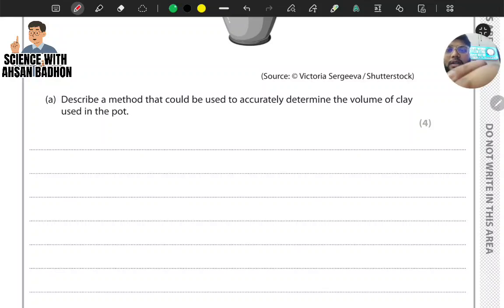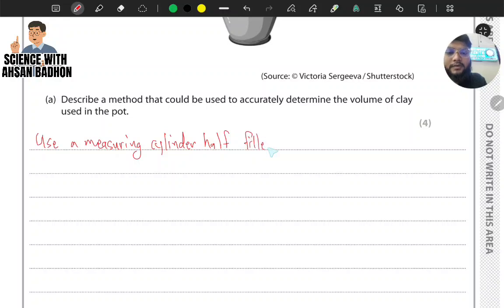Okay, so write down the answer here. Use a measuring cylinder half filled with water with a known volume.